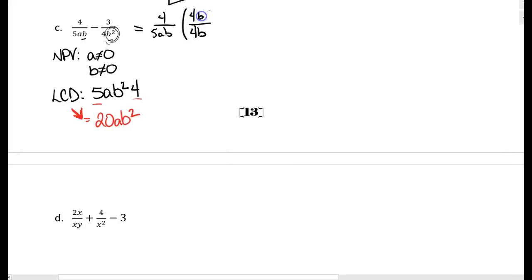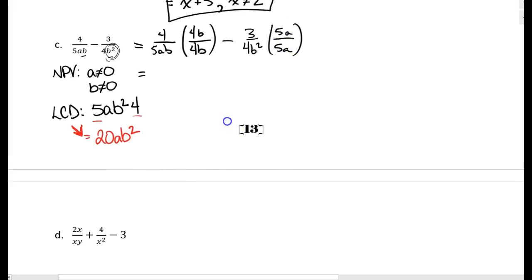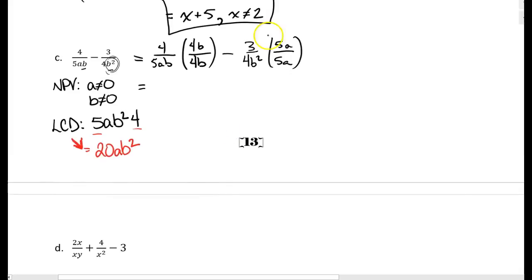And whenever we multiply something within an expression, we need to multiply or divide by 1, so we're going to do that. My second term is 3 over 4b squared, so that's missing 5 and a. Remember, both of these times I am multiplying by 1.